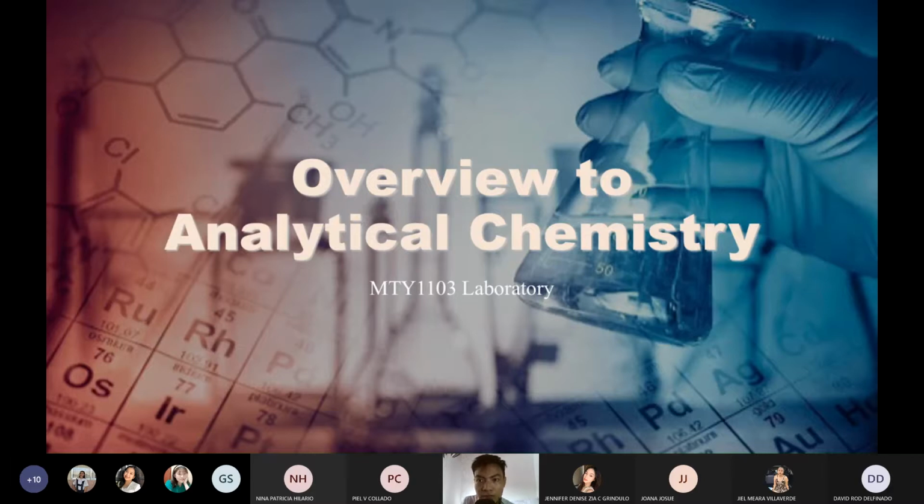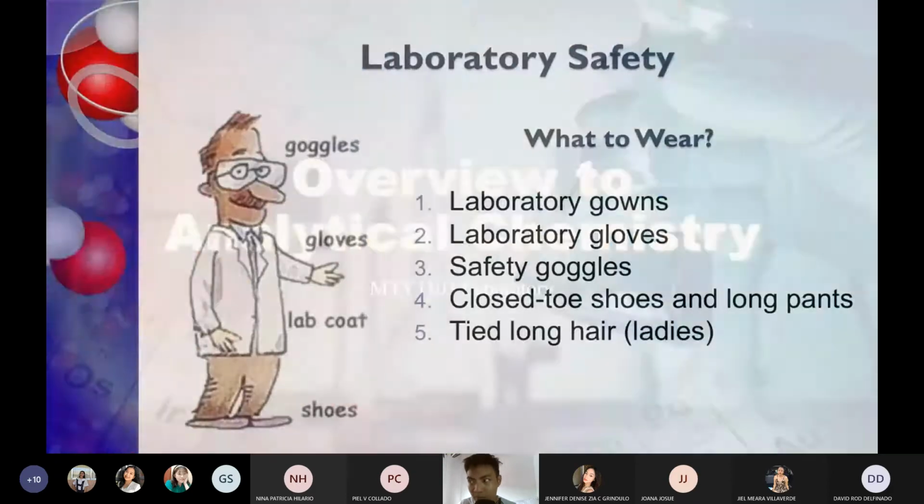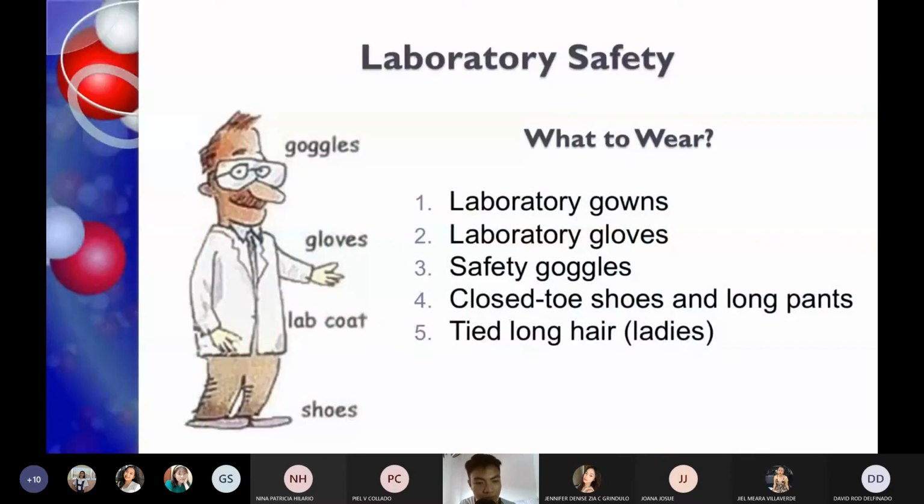When we are doing laboratory experiments, we are expected to wear the following: lab gowns, laboratory gloves, safety goggles, closed shoes, and tied long hair for the ladies. Why do we need this outfit in the laboratory? Because we are dealing with chemicals that are very dangerous at some levels.